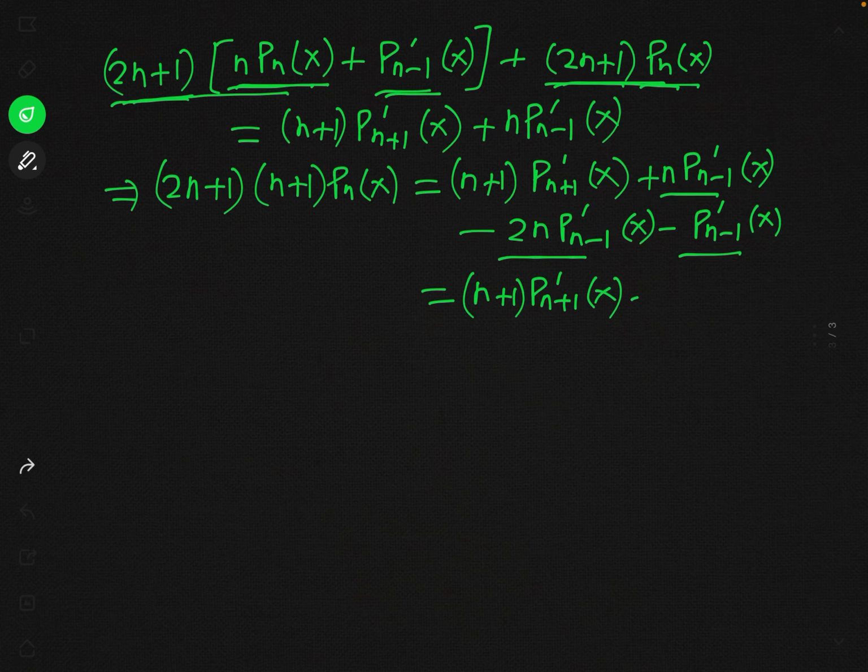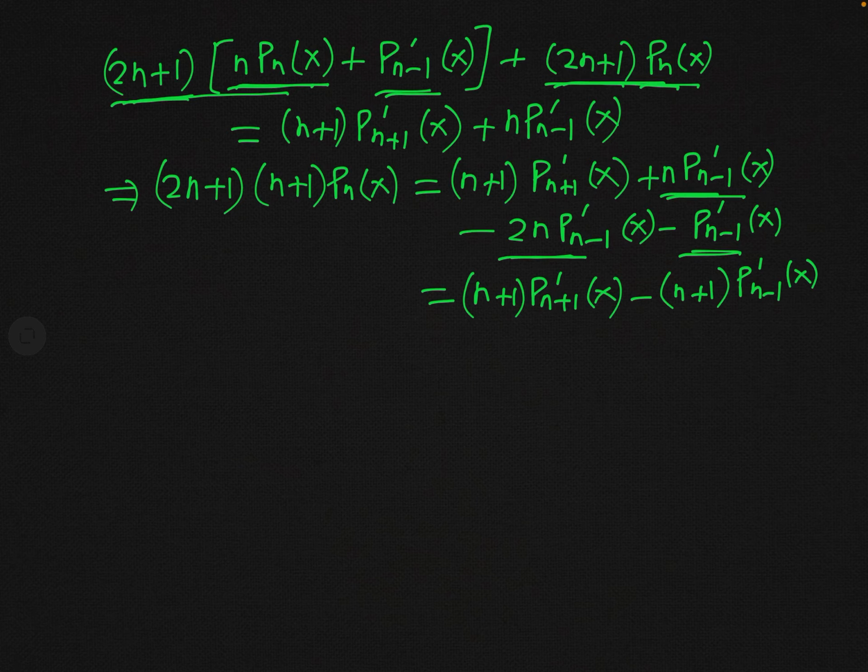You can see this will be minus n plus 1, because I have taken this minus as a common factor, into Pn minus 1 prime of x. In fact, this in RHS, these last three terms are associated, and so our result is like this.